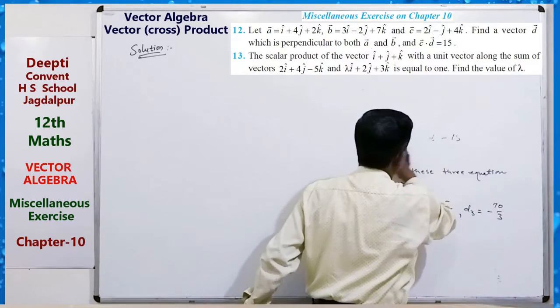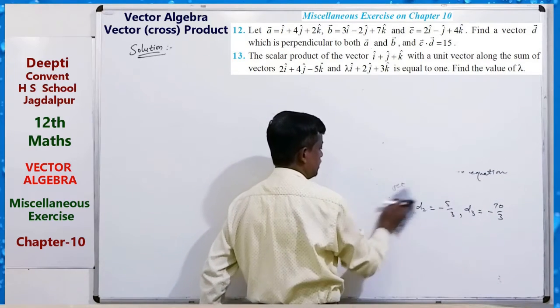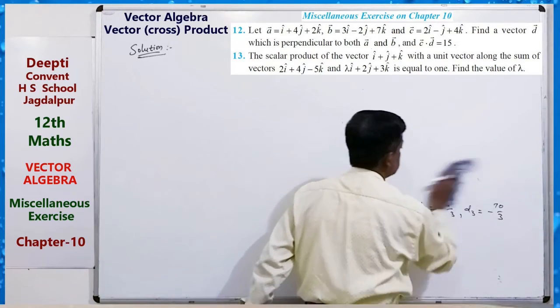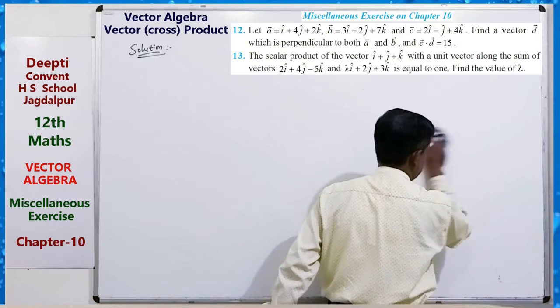In question 14, A, B, C are three mutually perpendicular vectors.